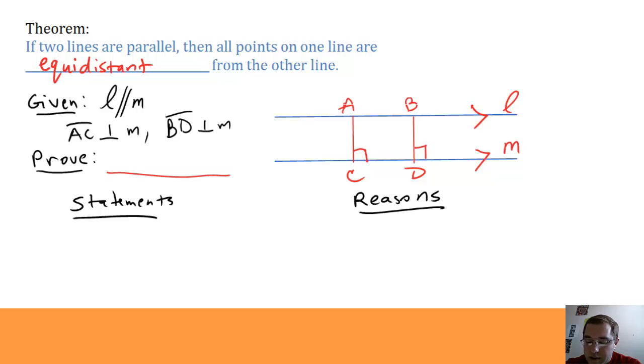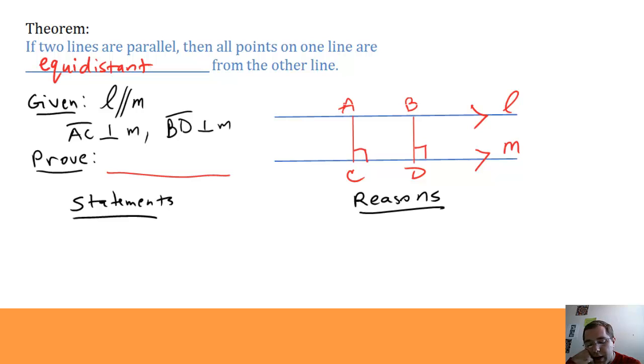So I've drawn two parallel lines, line L and line M. I've labeled point A and B on line L and point C and D on line M, where AC is perpendicular to M and BD is perpendicular to M. If I'm going to prove this theorem, which I am, what do I want to prove?